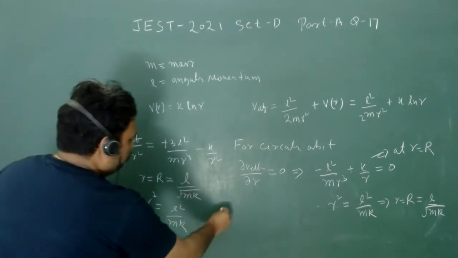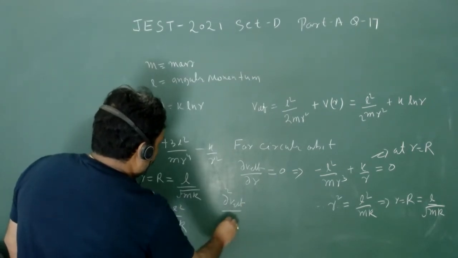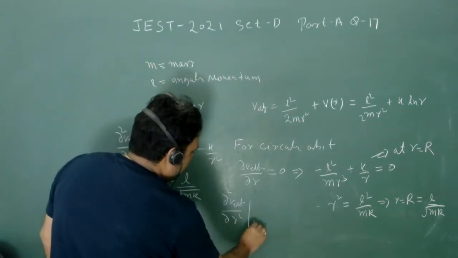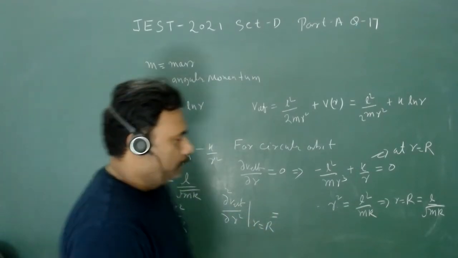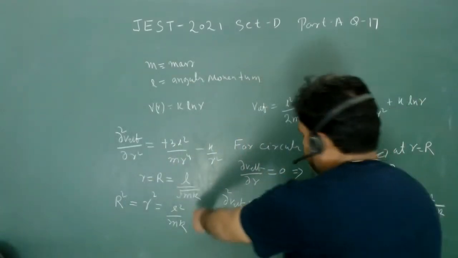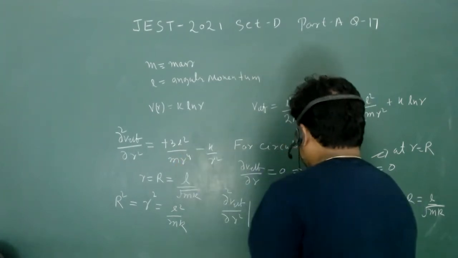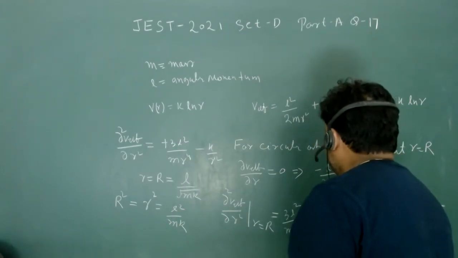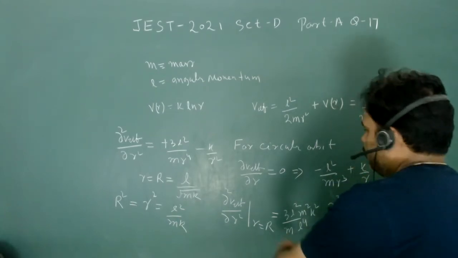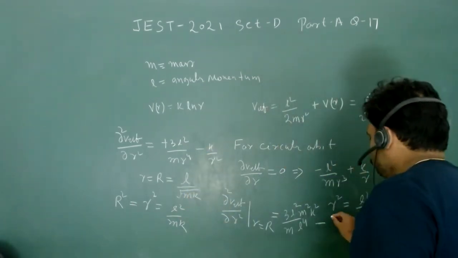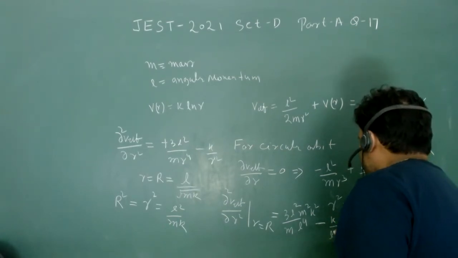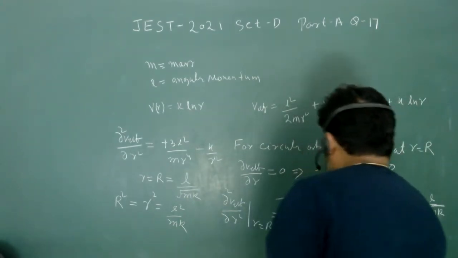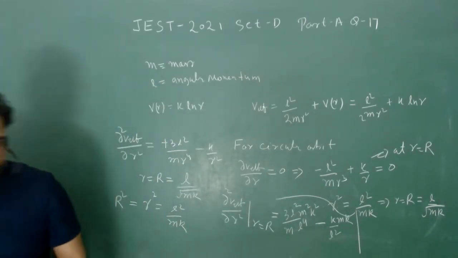So del square V effective upon del r square at r equal to capital R gives 3L square upon m times r to the fourth, which means L to the fourth over m square k square, with a minus sign, and we put in minus K upon r square, which is K times mk upon L square. You can easily calculate this algebra.